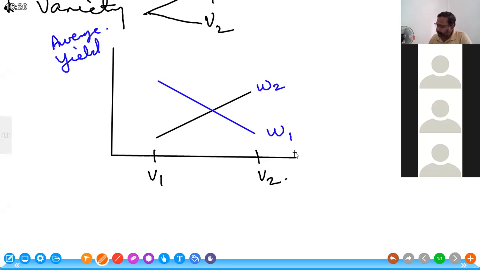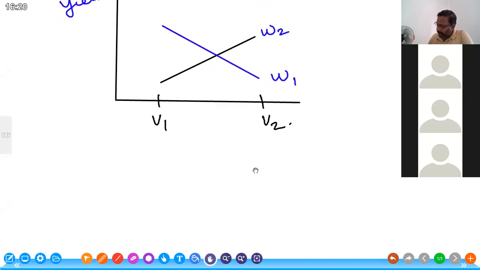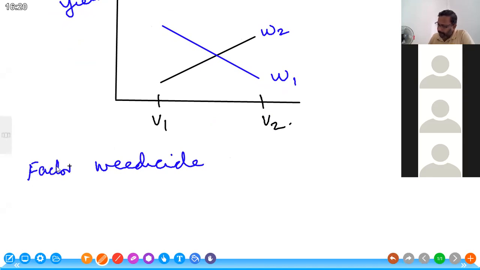Here, again taking we decide is called a factor. We decide is called a factor, and also variety is called a factor. We need to identify these 2. We decide is one factor, variety is another factor.